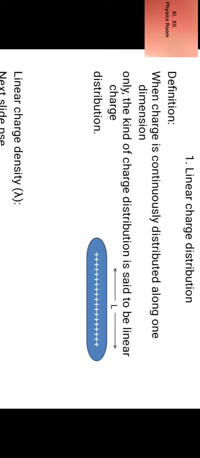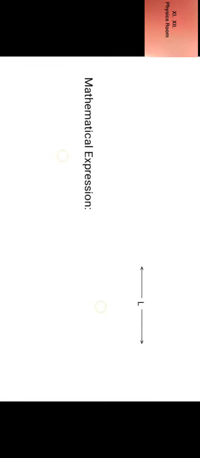Now here is the linear charge distribution diagram. You can see it is of length L. Now we have to define linear charge density. What is linear charge density? Let us look at the next slide. Linear charge density, lambda.